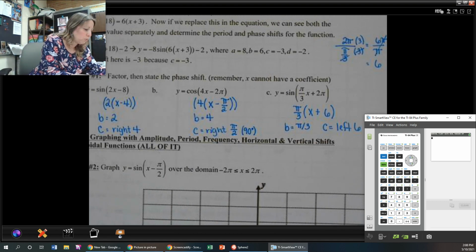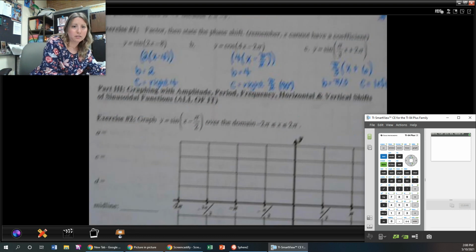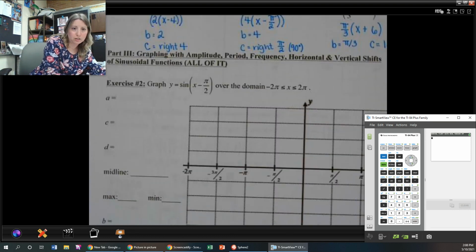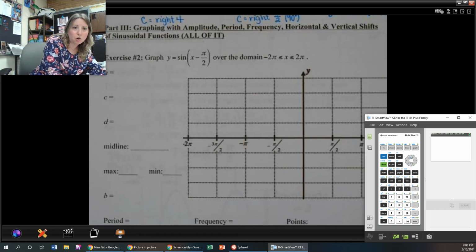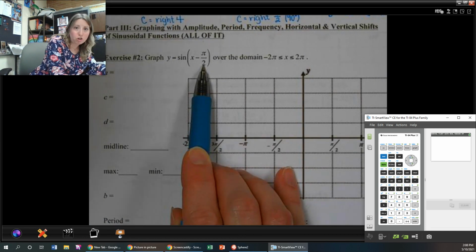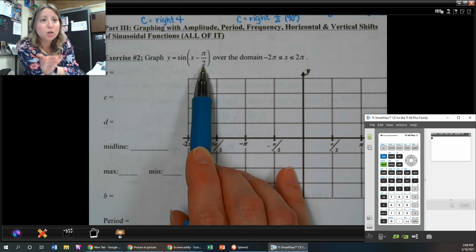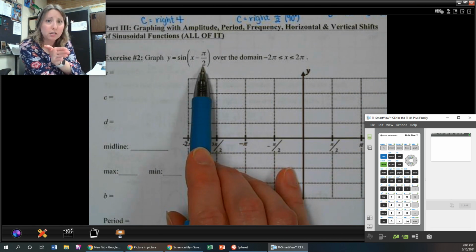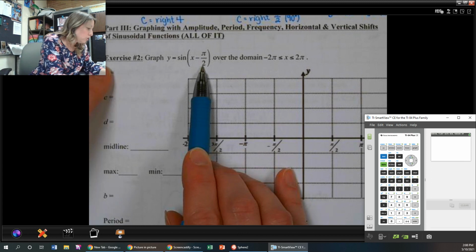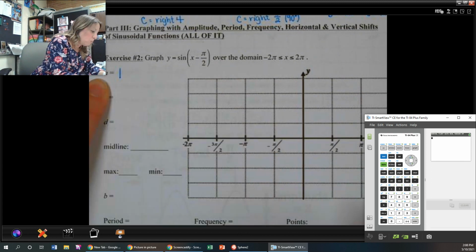So I started you with one that just has a phase shift in it. Okay, there's nothing else going on in exercise 2 except the phase shift. We're going to shift the entire sine graph to the right pi over 2, or 90 degrees. Okay, so my A, my amplitude, is still 1.